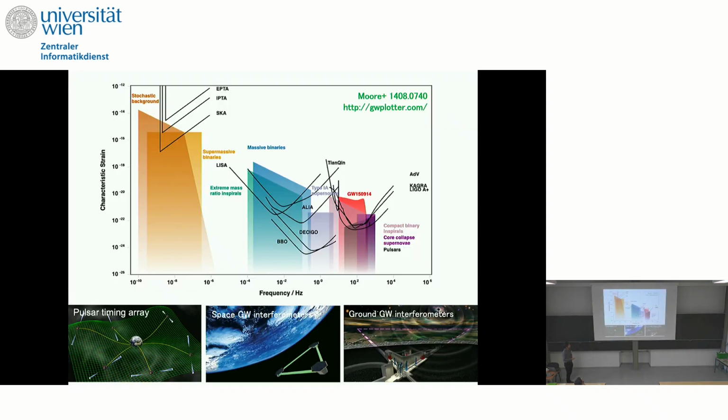In the future, we may even have more precise sensitivity and accuracy, and we may be able to access many events related to cosmology, supermassive black holes, and massive black holes. These will be observed by pulsar timing arrays, space-based interferometers, and ground-based interferometers. So this is multi-messenger gravitational wave astronomy.